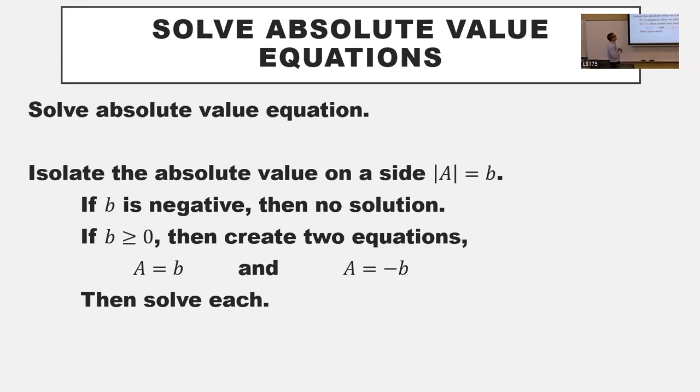So when we deal with an absolute value equation, that's what we do. If we have absolute value of something equals B, and B is positive, then the inside could have been the positive B or the inside could have been the negative of B. And we solve each.